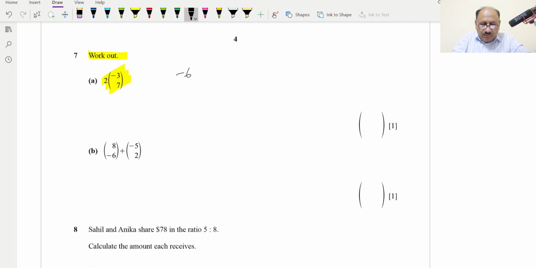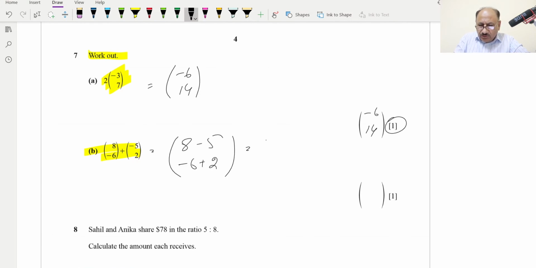And the other one, 2 multiplied by 7 will be 14, and this will be our final answer, minus 6 and 14. Then B part, we have to add these two matrices, so 8 minus 5 and minus 6 plus 2, and this will result in 3 and minus 4, and this will be our answer.